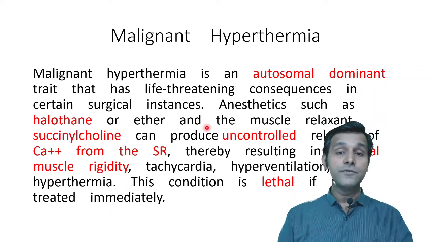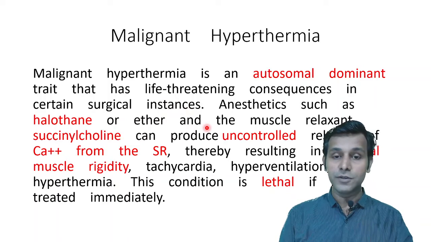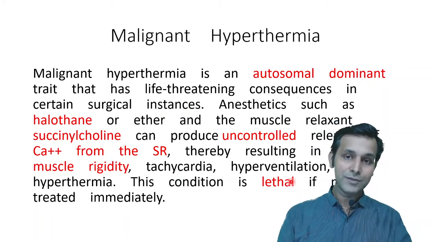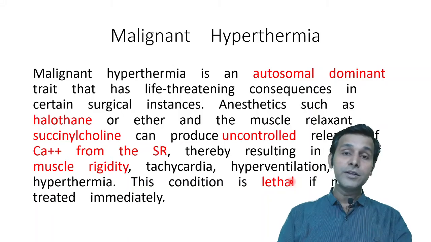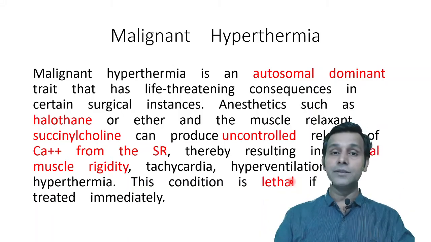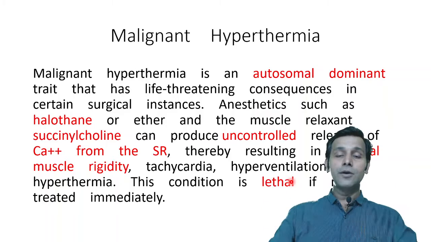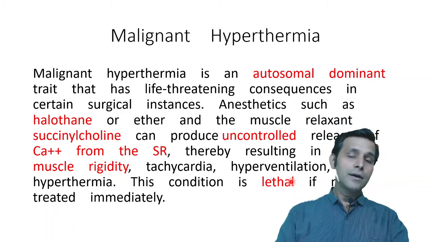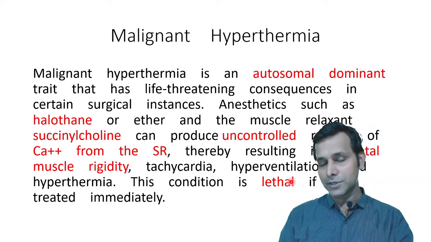All these conditions occur generally during surgical procedures, and they will be lethal if not treated immediately. So one of the very crucial complications here is the increased calcium in the cytoplasm because of excessive release of calcium from the L tubules via calcium channels or the ryanodine receptor.